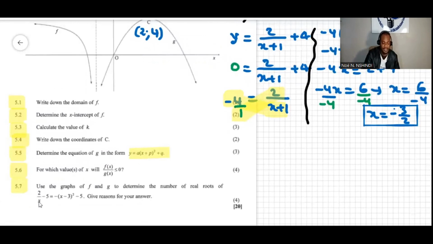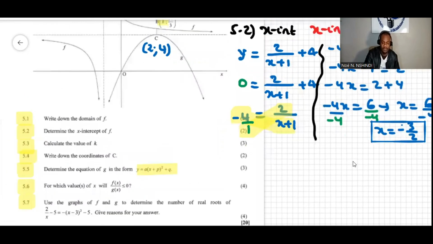2 over x minus 5 is simply the same graph as the graph of y here, but the same graph transformed. When we see x there in the denominator, it simply means that it is the same graph shifted 1 unit to the right, because it's like x plus 1 minus 1.